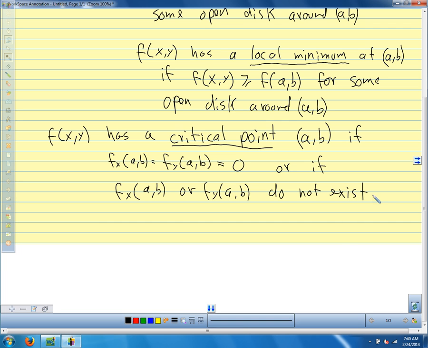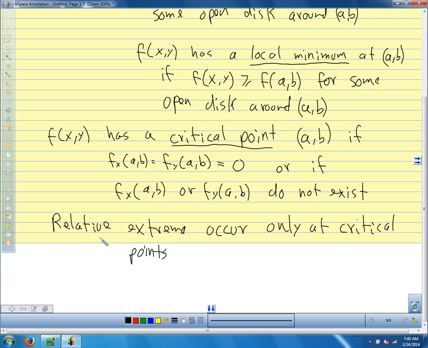So very, very similar to critical points of a function of a single variable. And we've already talked a little bit about this condition where our first partials both equal 0. It can be proven that relative extrema occur only at critical points. So there's nowhere else. If we find our critical points, that's where our relative extrema can occur.